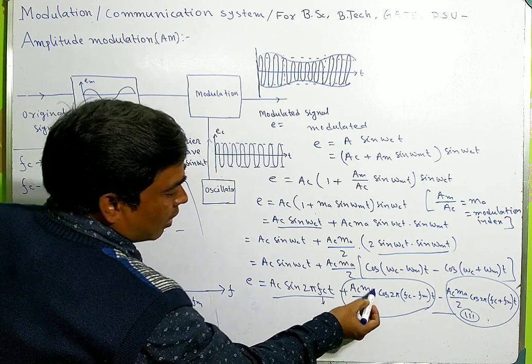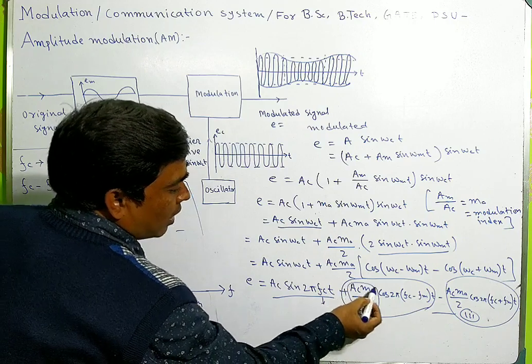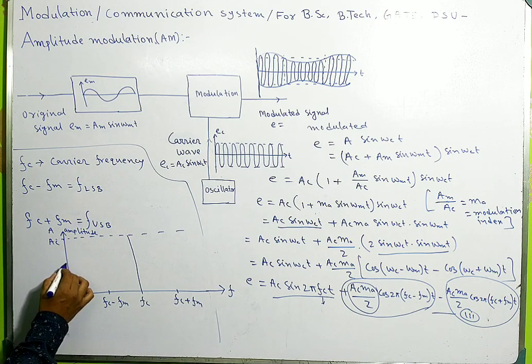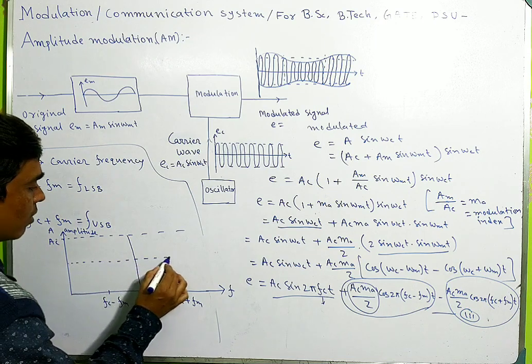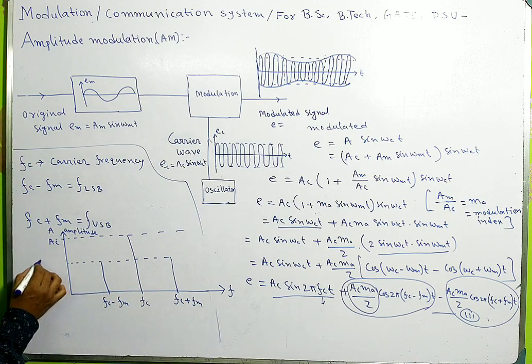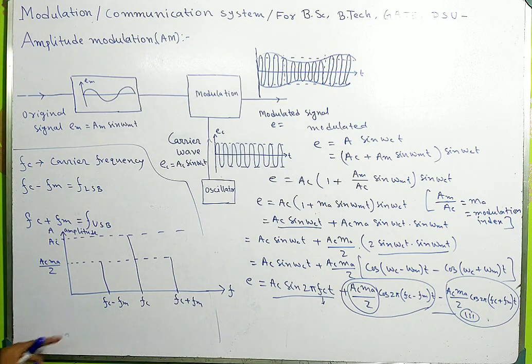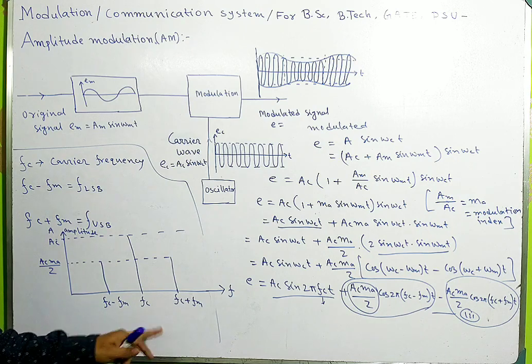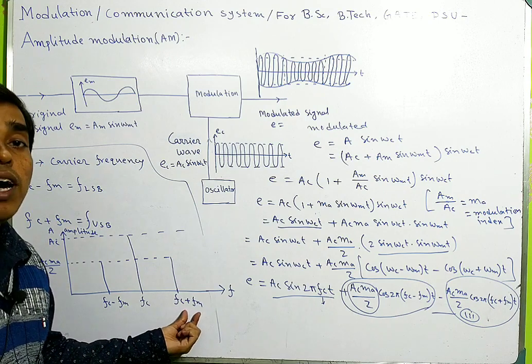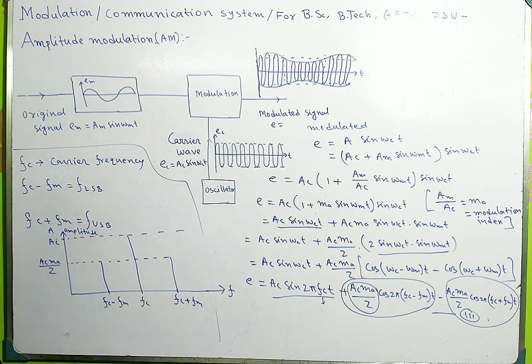In this case, the amplitude is given by A_c into m_a by 2. So this is called the carrier frequency, this is called the lower sideband, and this is called the upper sideband frequency.